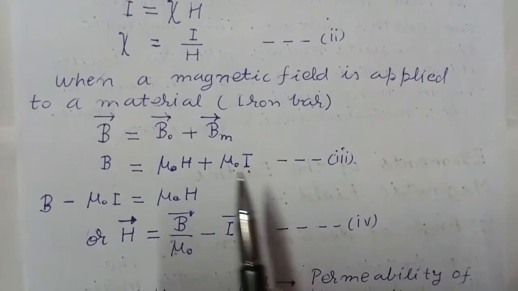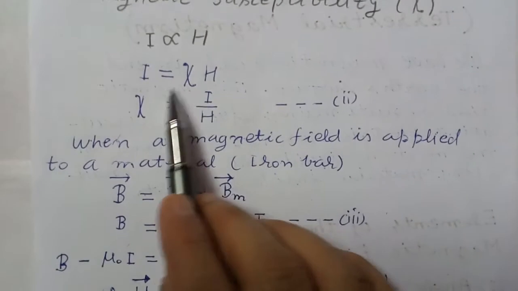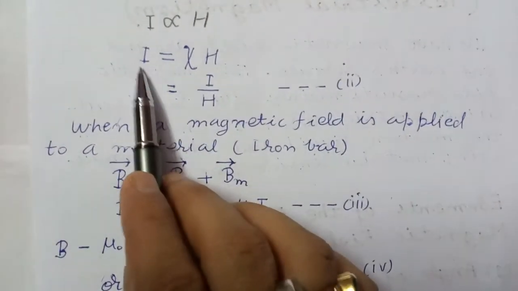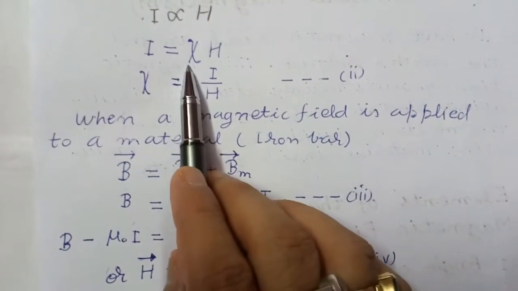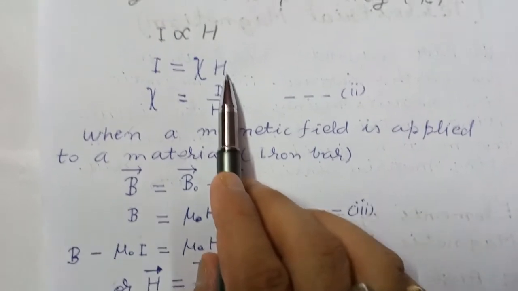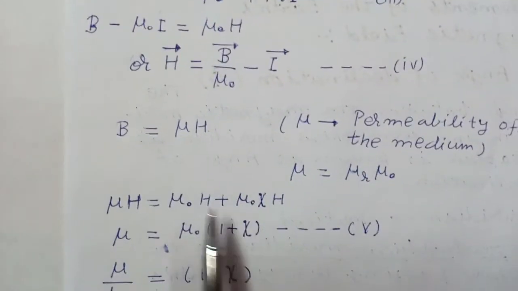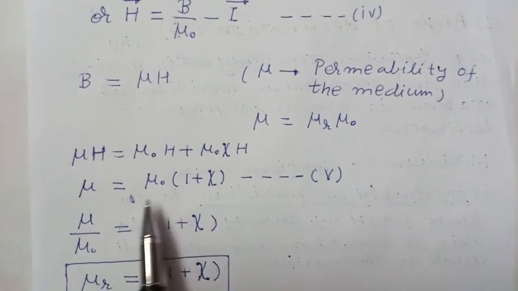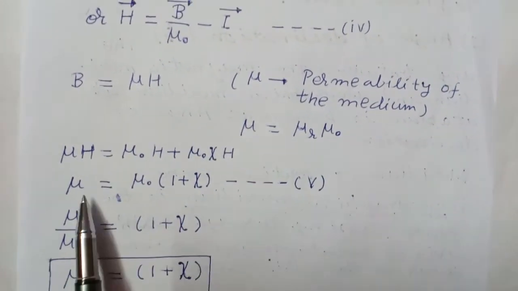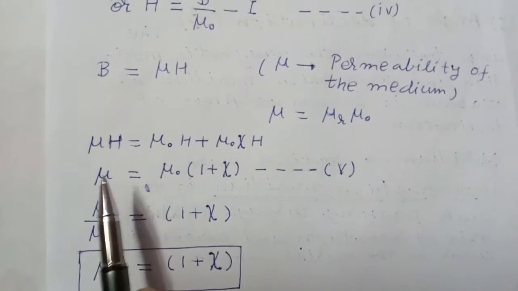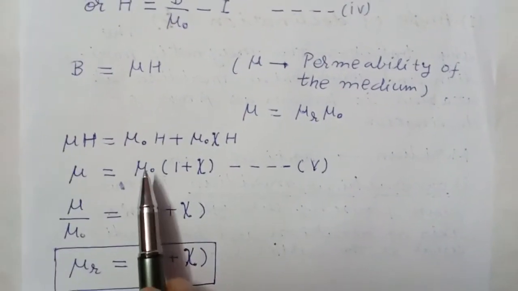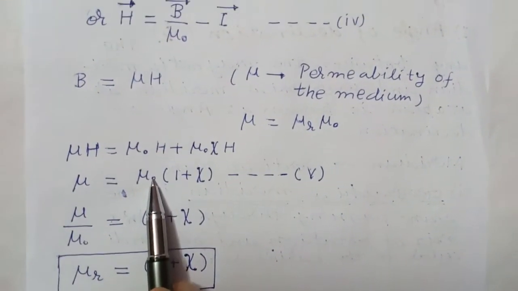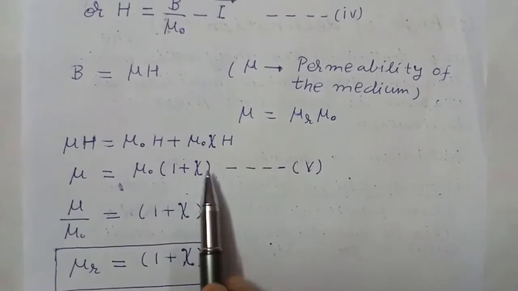Because I is equal to chi into H. Intensity of magnetization is equal to chi times magnetic intensity. H is cancelled, so mu is equal to mu naught into 1 plus chi. So this is the relation between permeability of the medium, for example here iron, permeability of free space or air, and susceptibility of the medium.